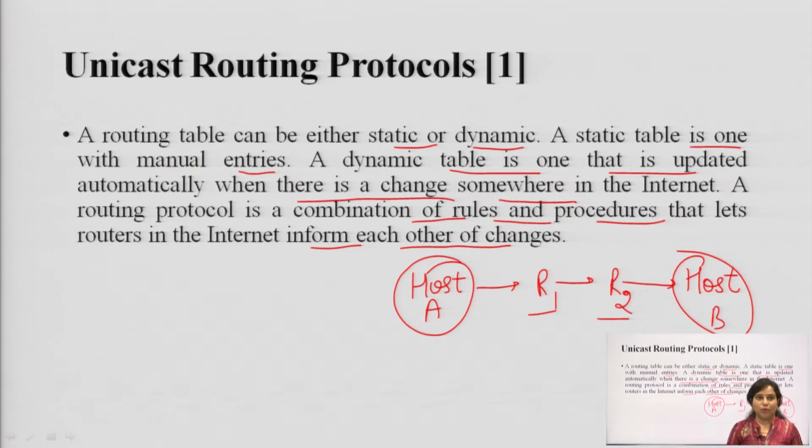So if we are going to connect a particular source and destination, a static table consists of manual entries, whereas a dynamic table has to be updated automatically when there is a change somewhere in the internet.